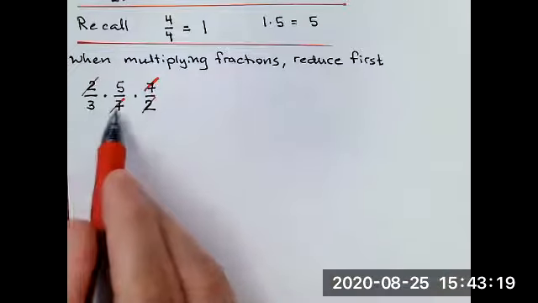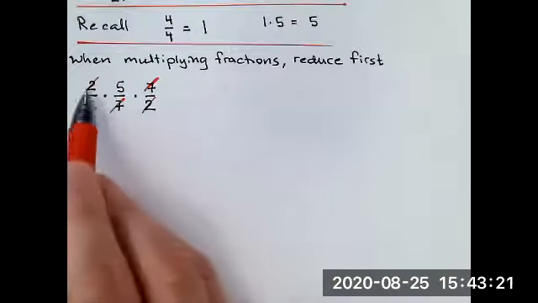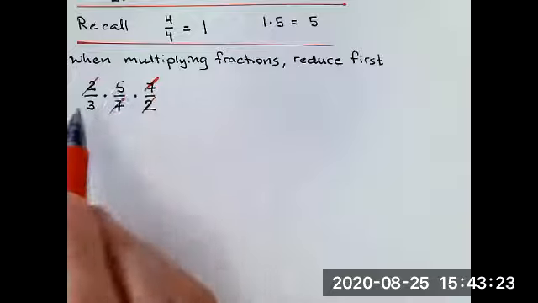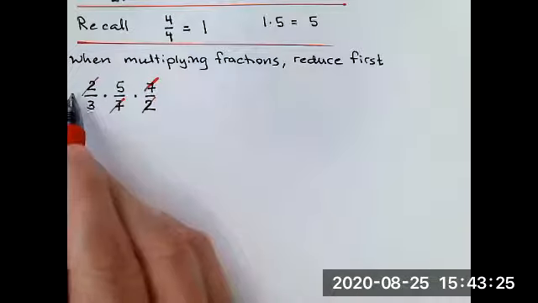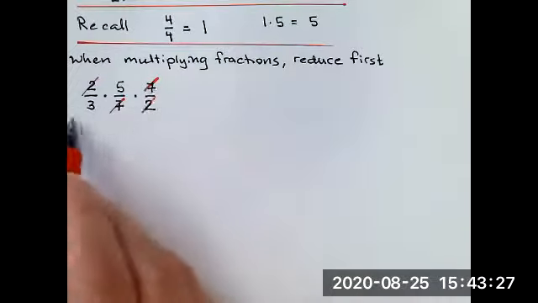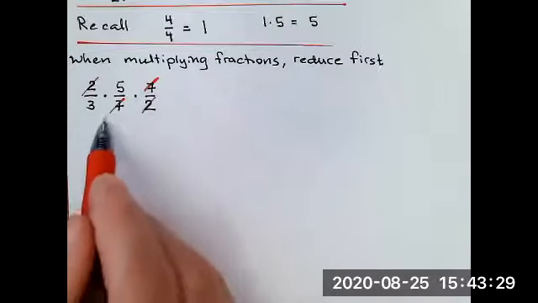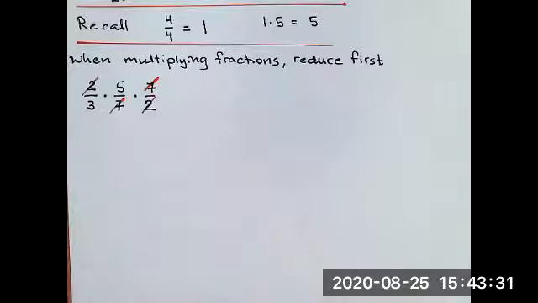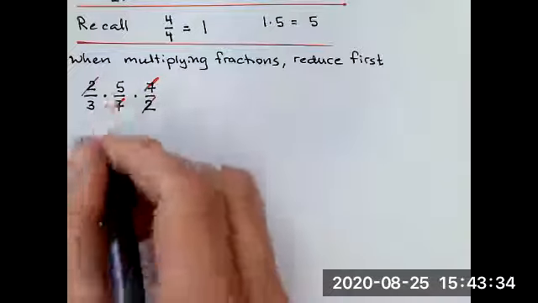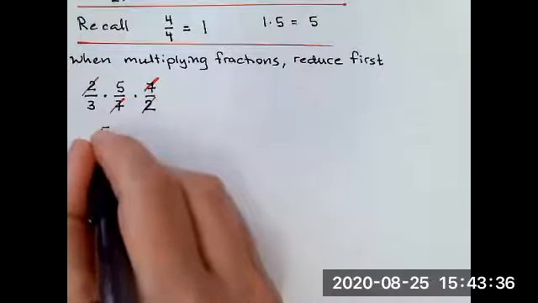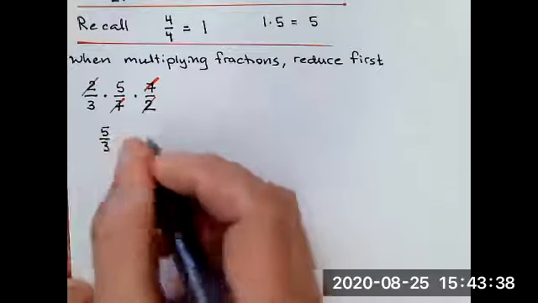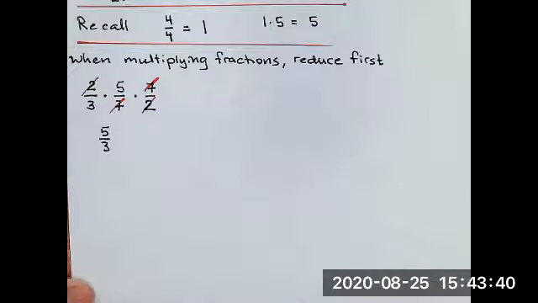And it doesn't matter if they're right next to each other, because remember that multiplication is commutative. Once you've checked that every possible factor that occurs in the numerator and the denominator are canceled, you get your answer. So you want to reduce before you multiply.